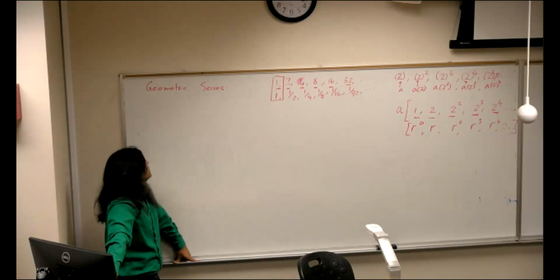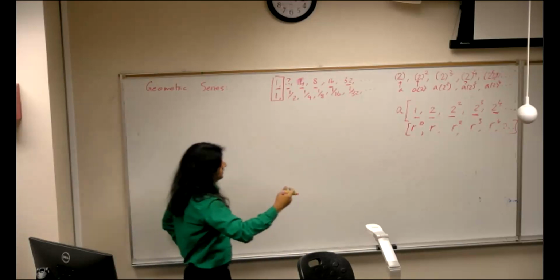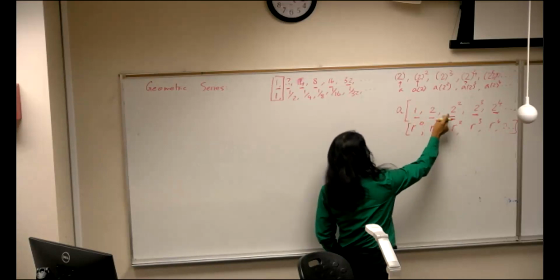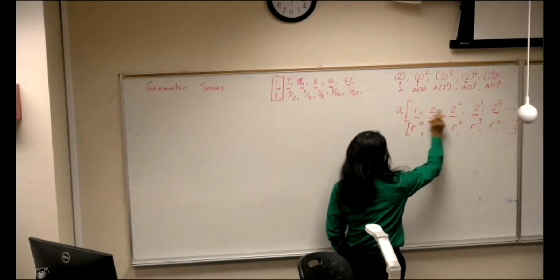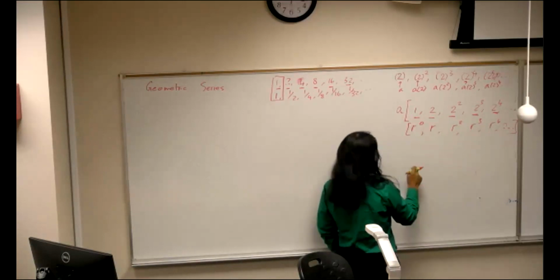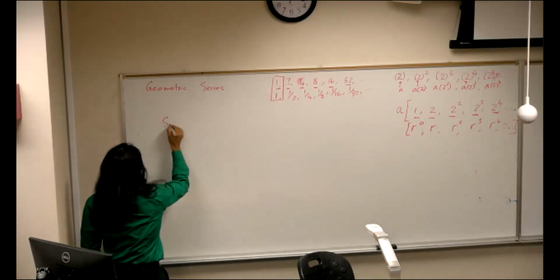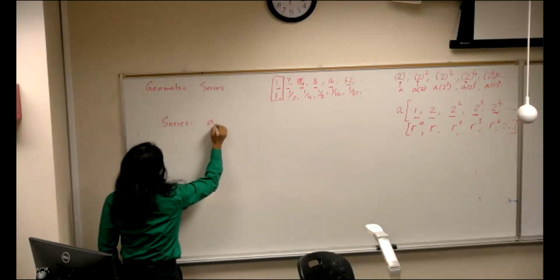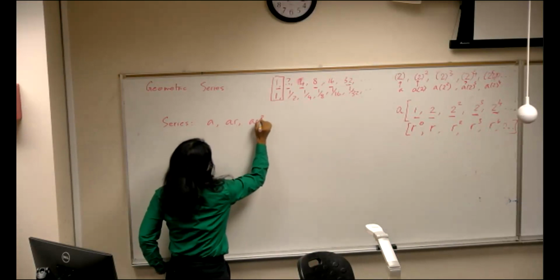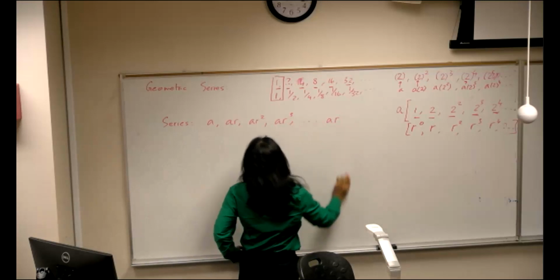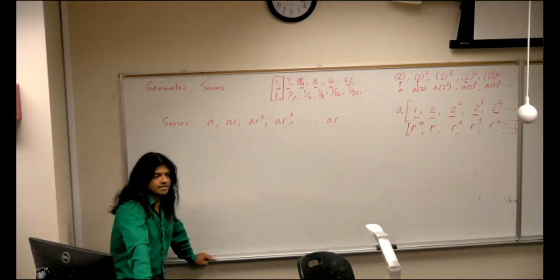You can start at 2. It varies. But if I start at 0, the sequence will be A, 2A, 4A, 8A. In terms of R, it would be A, AR, AR squared, AR cubed, ... AR raised n minus 1.